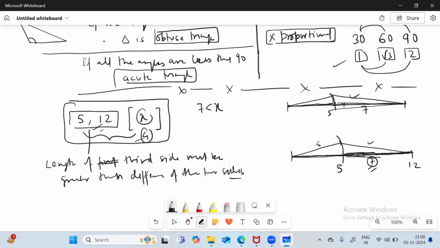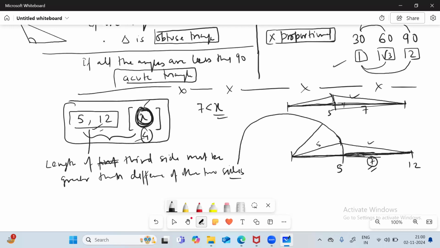The third side x, which I was taking as a representative, must be greater than 7. Now you can rotate the stick like this.